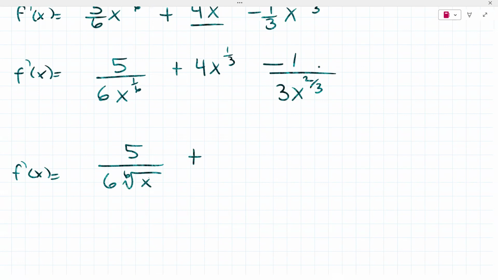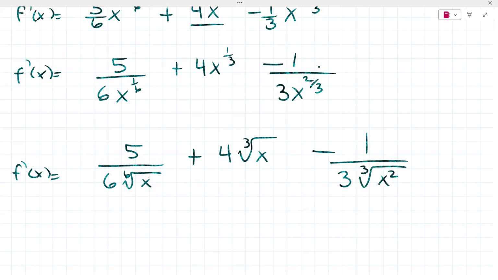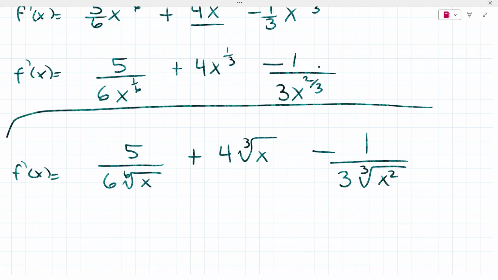And then 4x to the 1/3 is the same thing as 4 cube root of x. And then you have -1/3, and then x to the 2/3 is the same thing as the cube root of x squared. Okay, so that is your final answer.